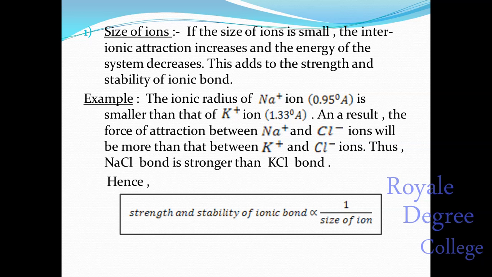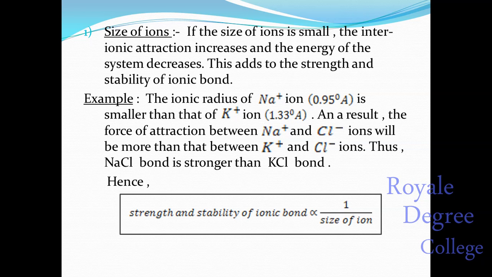Example, the ionic radius of Na+ ion is 0.95 Å, which is smaller than that of potassium ion, whose value is 1.33 Å. As a result, the force of attraction between Na+ and Cl- ions will be more than that between K+ and Cl- ions. Thus, the sodium chloride bond is stronger than the potassium chloride bond.